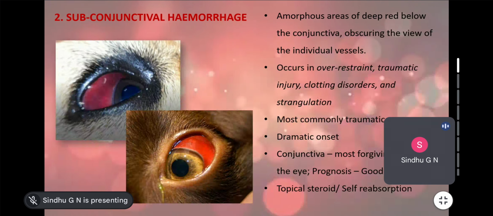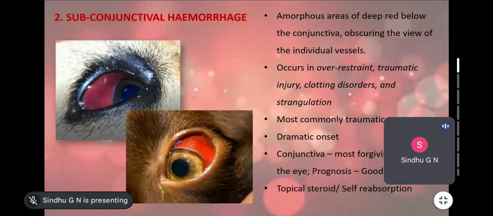Especially, we get these kinds of pets presenting after a spa session, or due to strangulation or over-restraint during a spa session. Pets come back to us saying that after giving a bath, my pet's eyes became red.